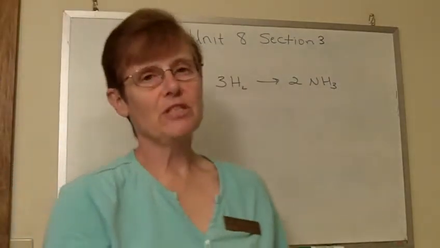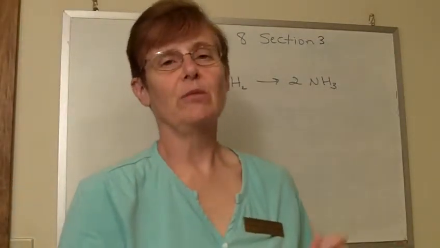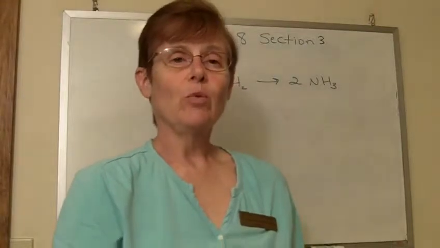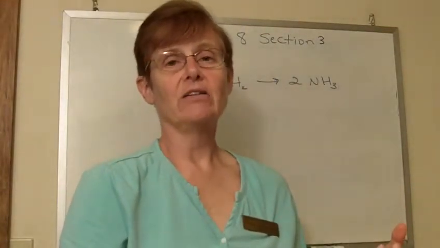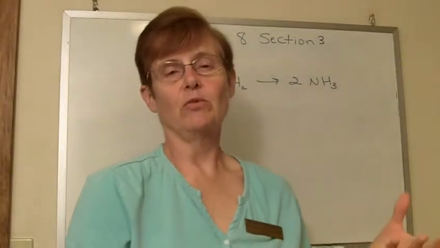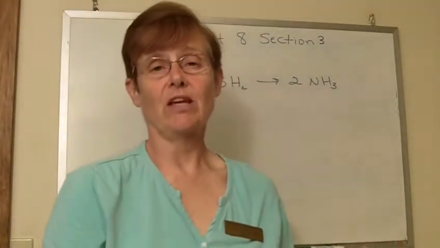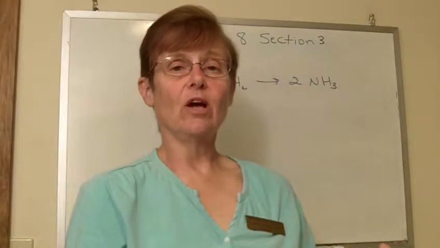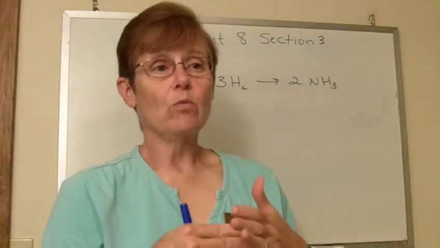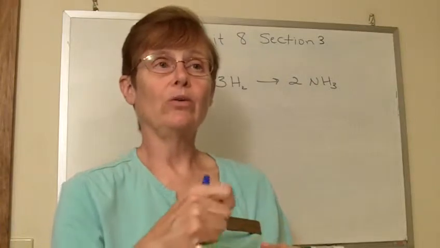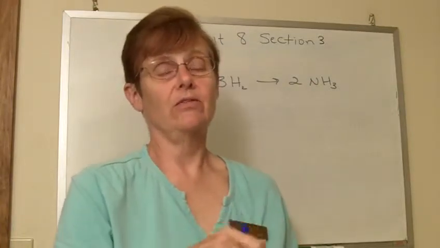And there's a couple different kinds of problems. One is called a mass volume problem, where maybe you're given mass of one thing and asked to find volume of something else, or vice versa, you're given volume of one thing and asked to find mass of something else. But in either case, whatever is being measured in liters will need to use the molar volume, where you would be using molar mass if you had grams.